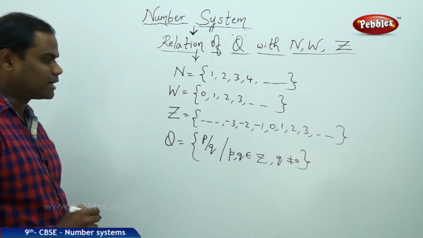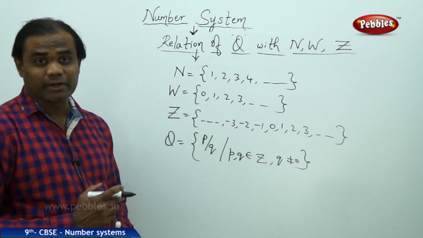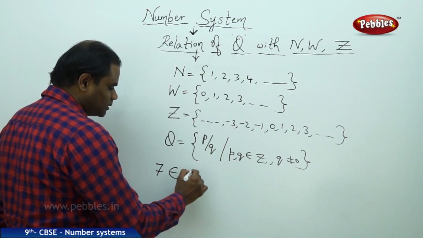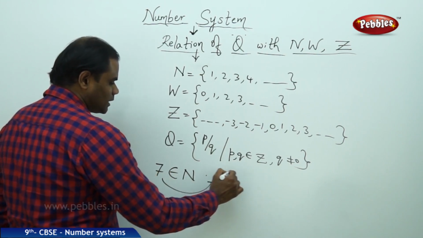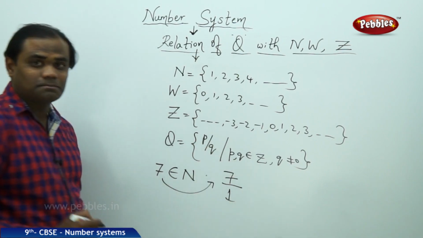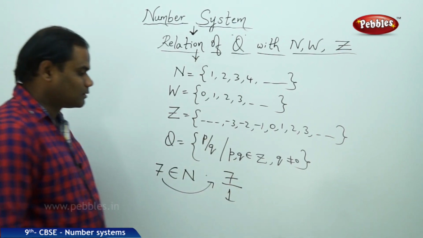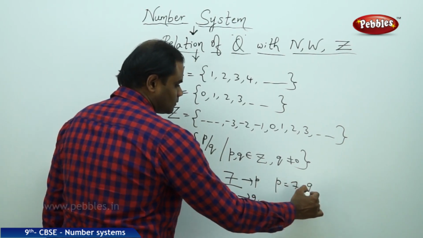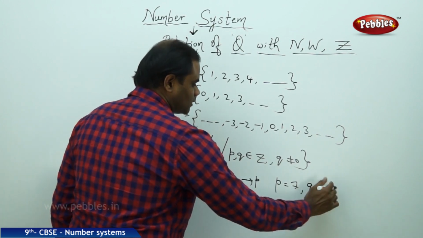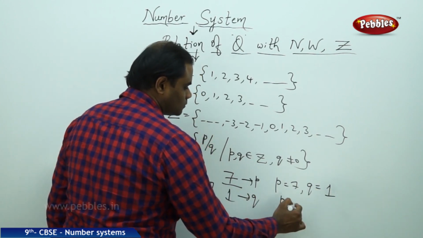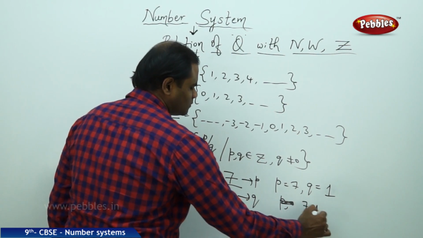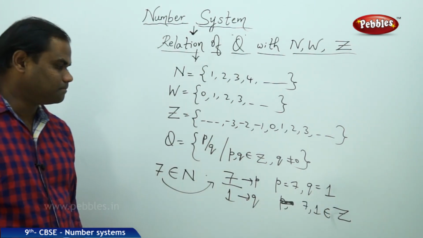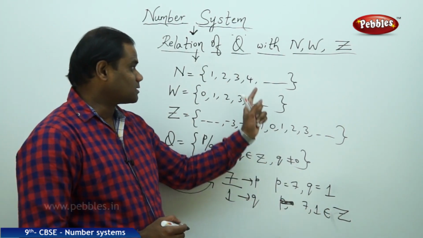So clearly every natural number is a rational number, because if I take the number 7, which is a natural number, I can equally write this 7 as 7 over 1, which passes the two tests. That is, my p is 7 and q is 1, and both 7 and 1 belong to Z, the set of integers, so it passes test number 1.